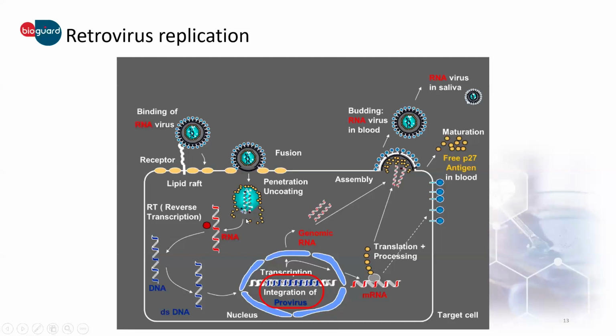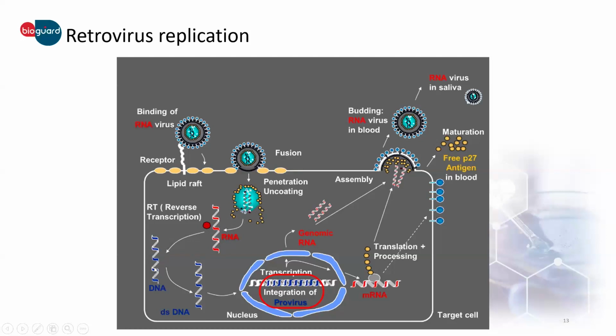It will undergo uncoating. Then the RNA part of the FeLV, the red circle spiral shape here, is the RNA. The RNA will be reverse transcribed into DNA by the reverse transcriptase of the FeLV virus.